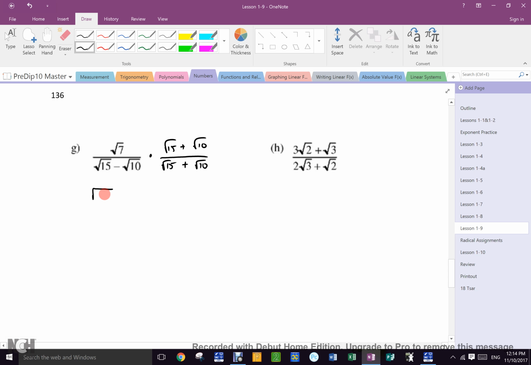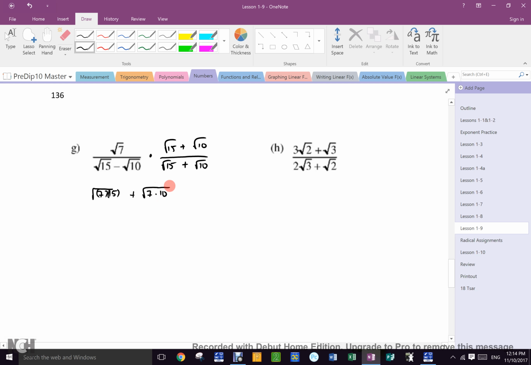Now, stop for a moment. I recommend here just writing 7 and 15 at first. And I'll tell you why in a moment. Plus root 7 and 10.